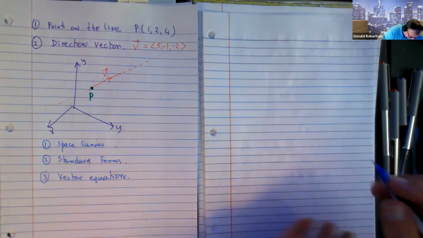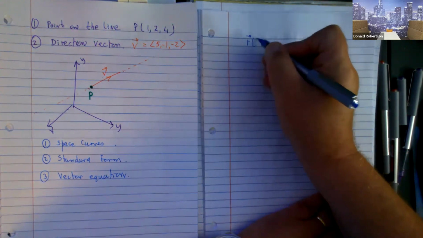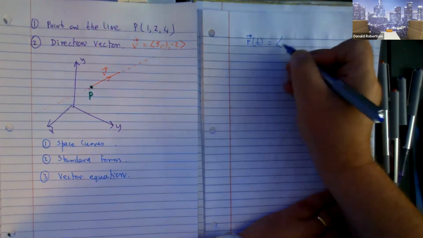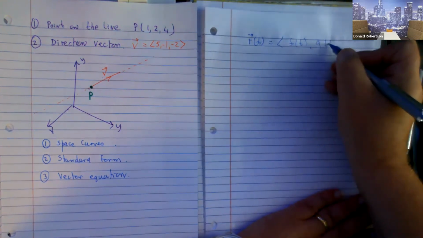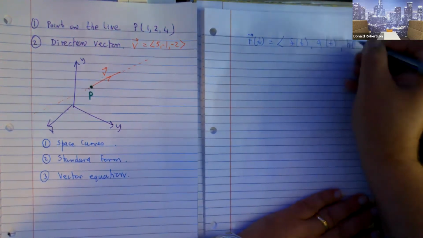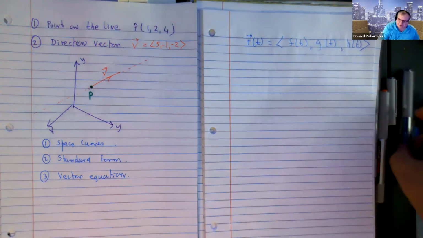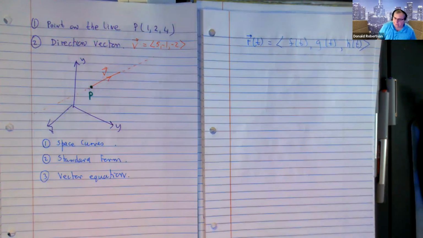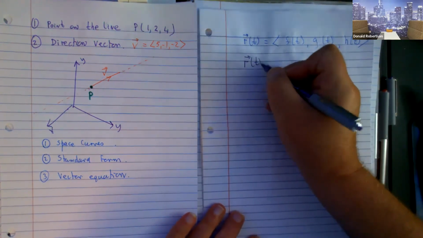To do a space curve, a space curve has this general format: f of t, g of t, h of t. So it's basically a parametric equation in 3D. So this wouldn't be a straight line, but it would be a space curve.